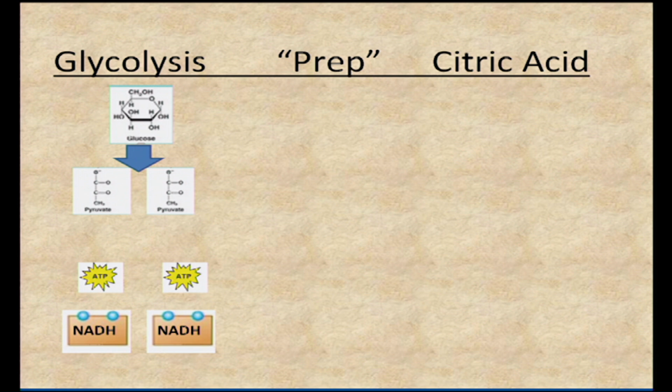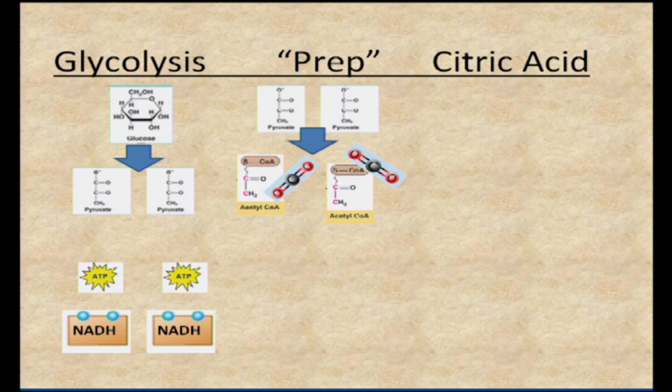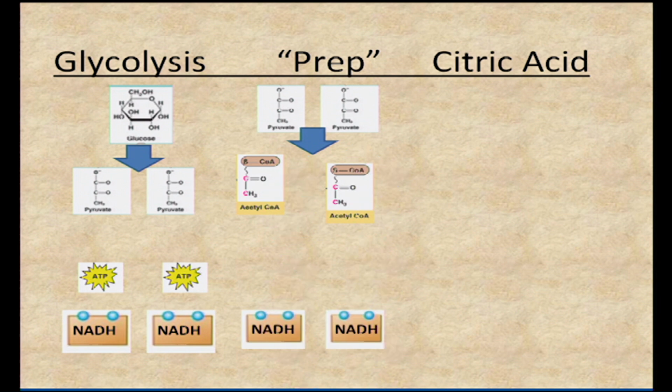We shed off one of the carbon dioxides, and since carbon dioxide is a waste, it gets blown off into the cell and eventually comes out of your lungs during breathing. And what did we get in that step? We got 2 NADH.